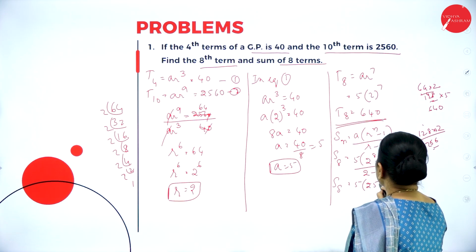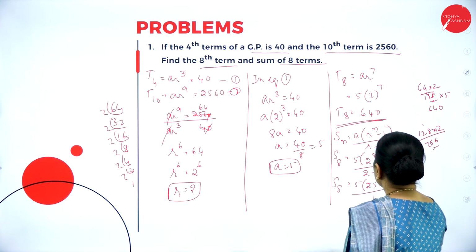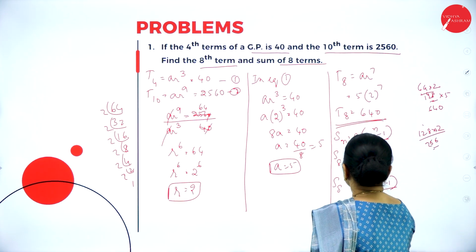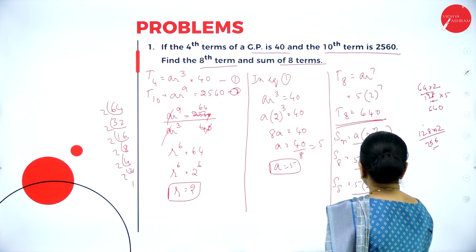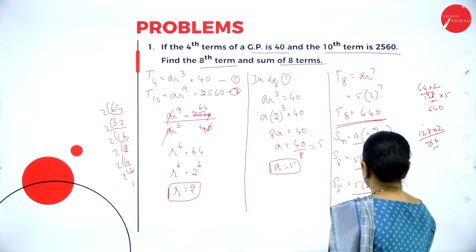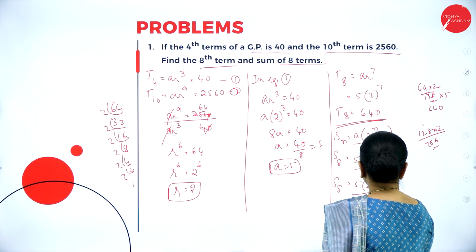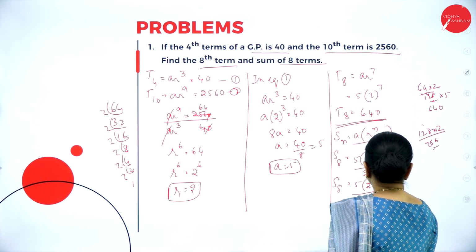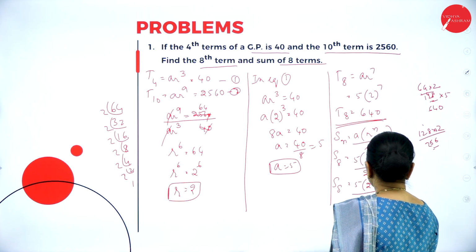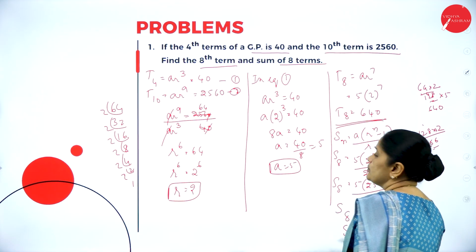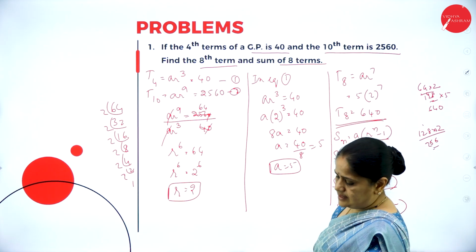So 256 minus 1 divided by 1. So S8 will be 5 into 255, which is 1275. That is the answer.